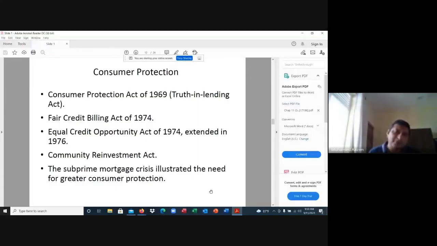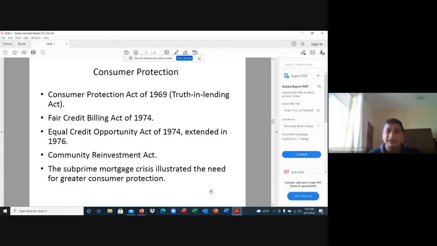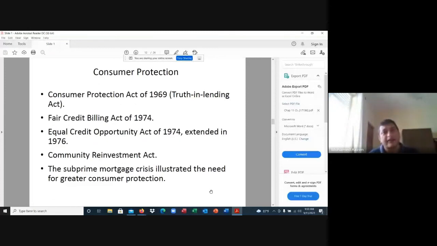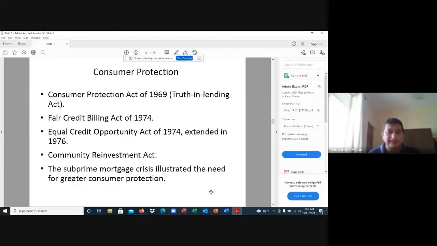So there are a lot of areas of consideration with respect to consumer protection. This is also a part of regulation in today's context, through which they try to address asymmetries to a great extent.